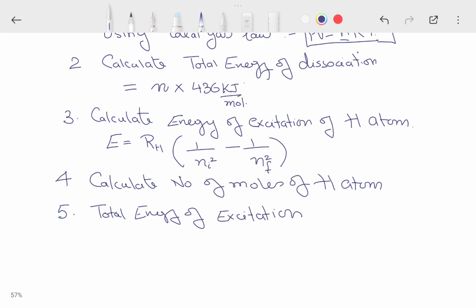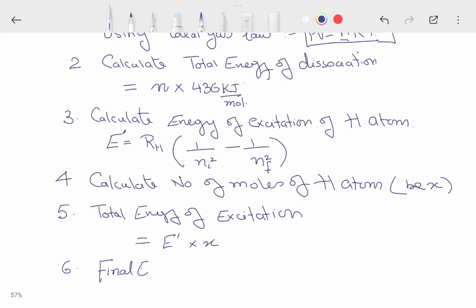So let's assume this number of moles of hydrogen atom be X. Then total energy of excitation will be energy of excitation of one hydrogen atom, E dash, multiplied by X.